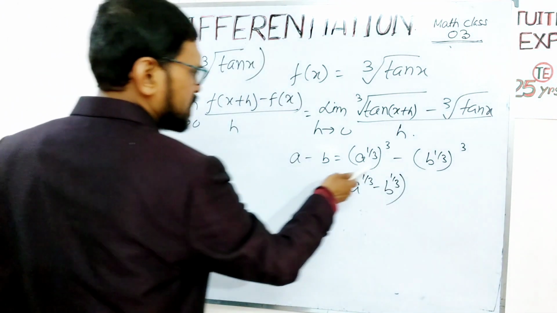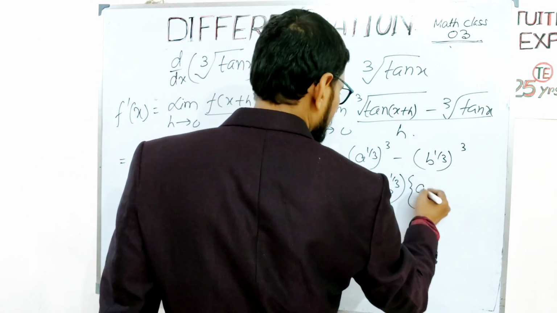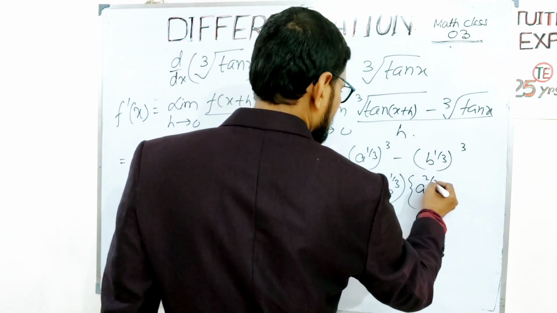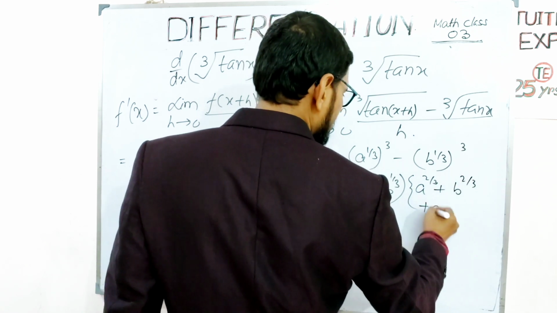We can write this a minus b equal to this minus this, a minus b into a square plus b square plus ab.